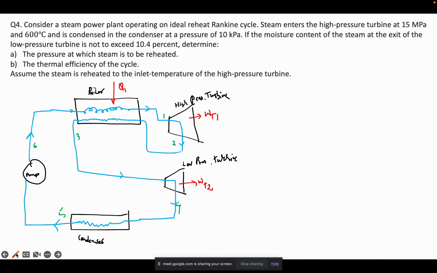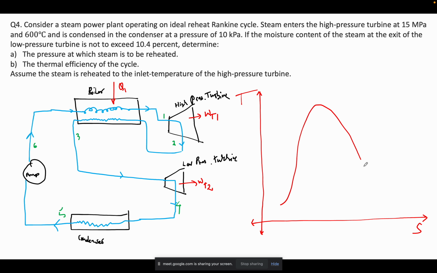How will it look in my TS diagram? This is my boiler pressure level, and this is my condenser pressure level.